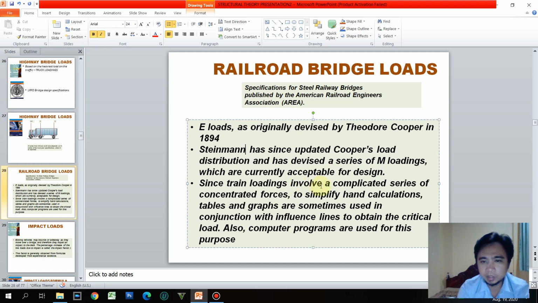Since train loadings involve a complicated series of concentrated forces, the procedure is tedious. Therefore, it was simplified by established tables, graphs and influence lines to obtain the critical load. Also, computer programs are used for this purpose. Later on we will learn how to construct influence lines for moving loads.